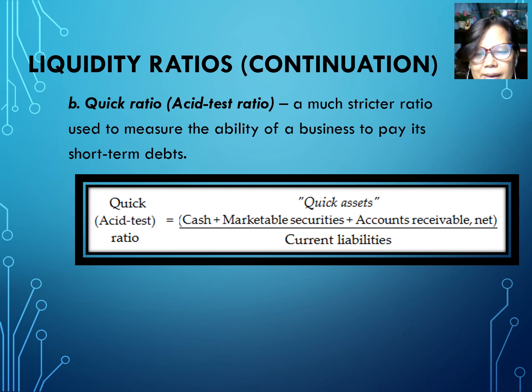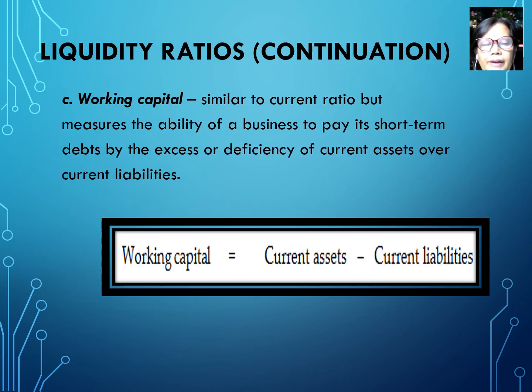How about current liabilities? Kapareho lamang ito ng denominator doon sa ating ginamit na current ratio. Okay? So, yung mga bayarin sa loob ng 12 months. Okay? The number 3 example of liquidity ratios is the working capital. This is actually similar to current ratio, but measures the ability of the business to pay its short-term debts by the excess or deficiency of current assets over current liabilities.